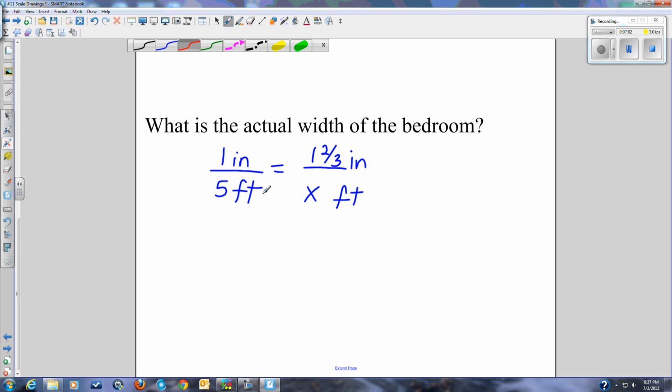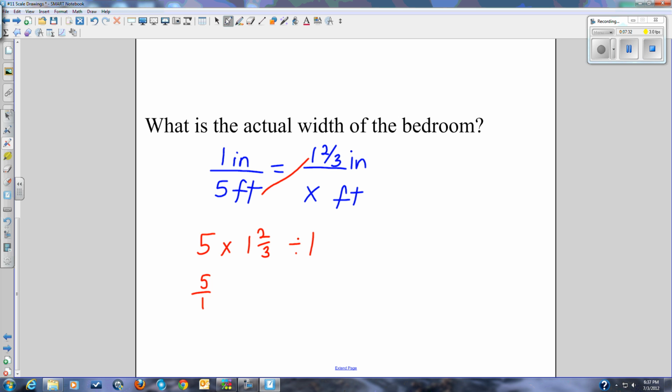We are going to connect numbers that are located diagonally from each other. So we're going to say 5 times 1 2/3 divided by 1. Let's see if we can remember how to multiply fractions. We need to put the 5 over a 1, and 1 2/3 we need to change into an improper fraction.